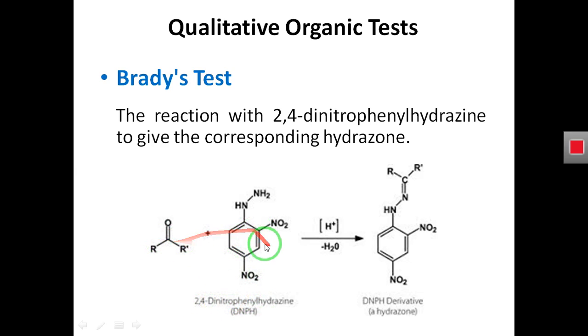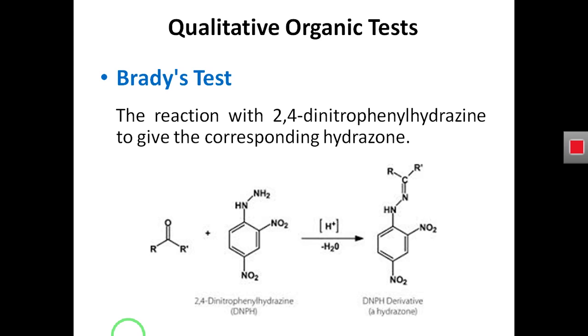For this Brady's test, we will have a sample in a test tube, and then we will add the 2,4-dinitrophenyl hydrazine reagent in this test tube.